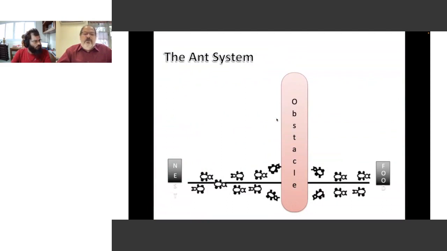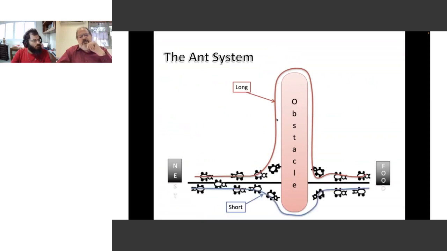Suppose that your ants start from the nest looking for food, and you have a rock or something that blocks the way. Then some of them will choose left, some of them choose right. Suppose that the rate of deposition of the chemical marker and the evaporation are the same for simplicity. So the ants on the blue line reach the food while the red one has not yet reached it.